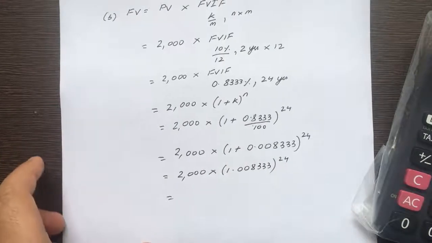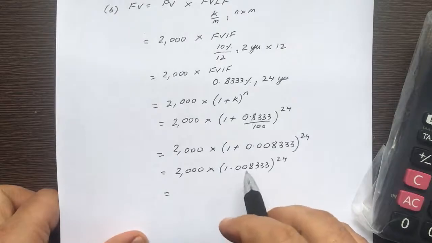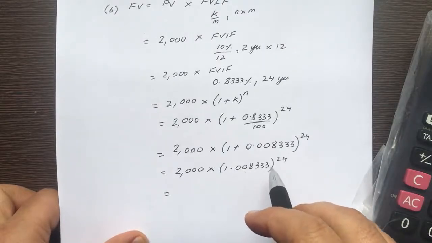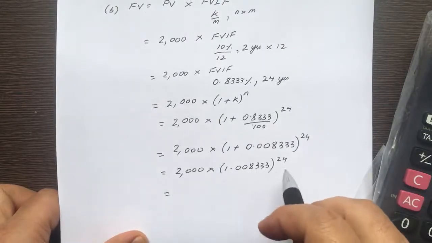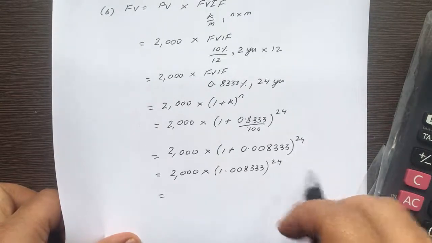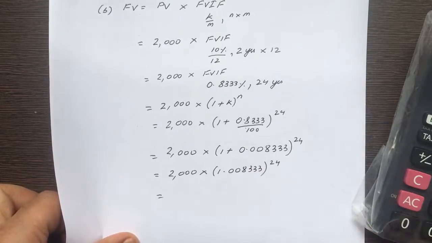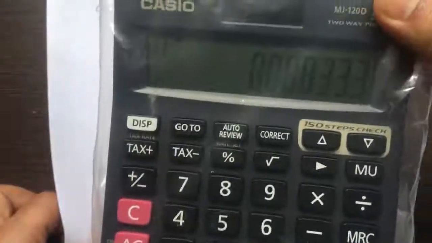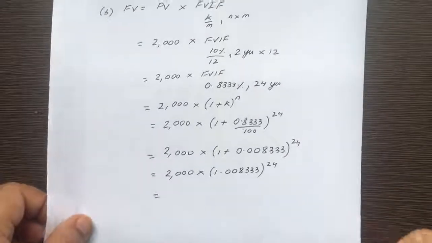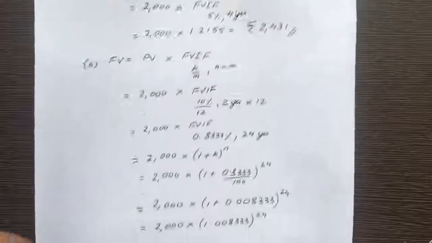Now of course it will be very difficult. Why? Because you'll have to multiply 1.008333 into 1.008333 24 times. Now for those of you who have a scientific calculator, it'll be much easier. Otherwise, like me, I do not have a scientific calculator. It'll be very difficult for me to solve this problem. But anyway, I hope you all got the idea how to solve a problem like this. All right.